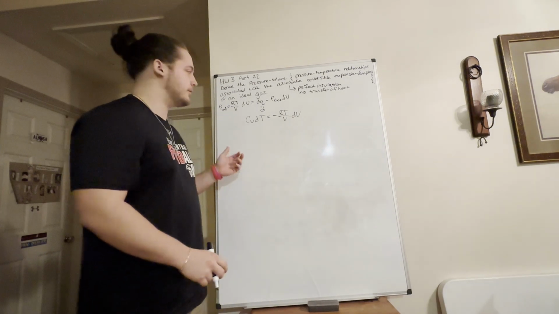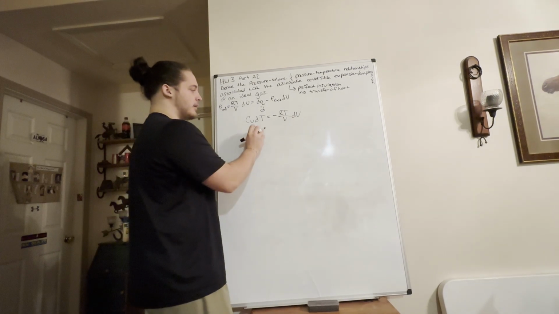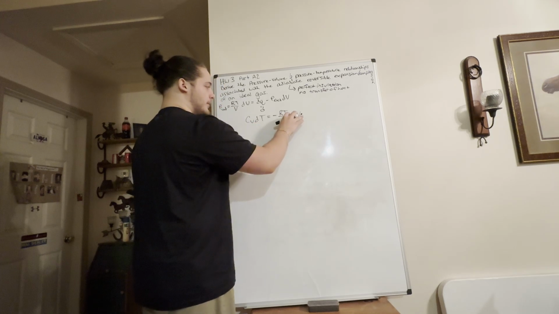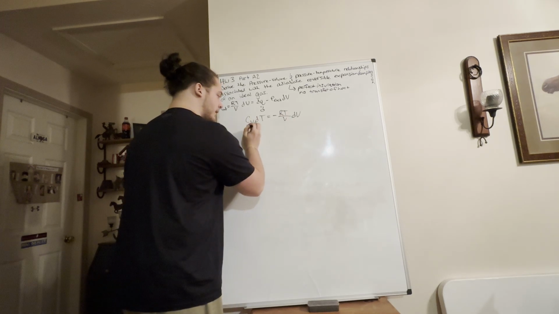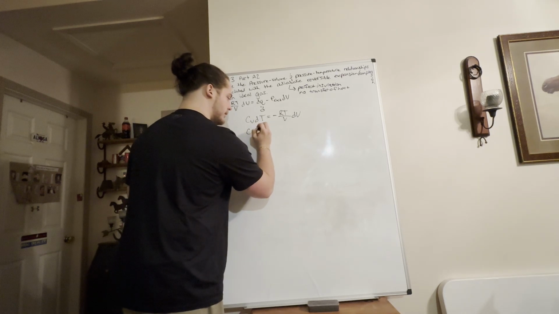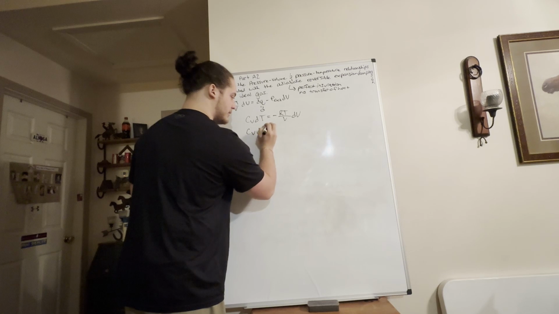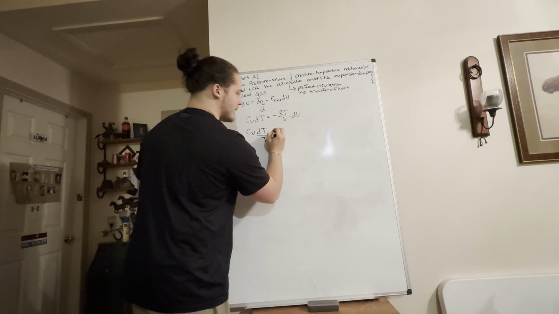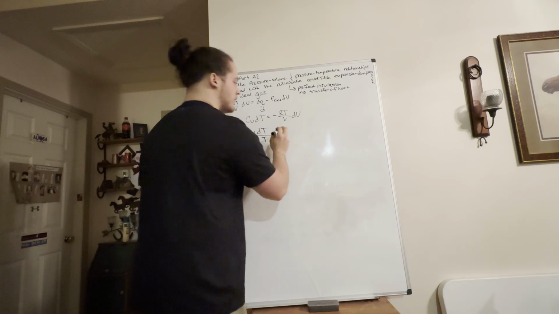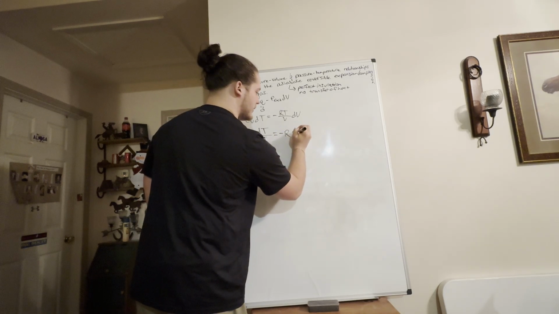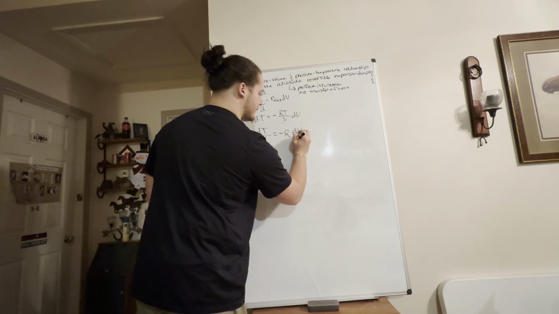So now we are going to rearrange this expression by moving some of the variables over. This will create our CV times the differential amount of temperature over T, and that'll be equal to negative R times dV over V.